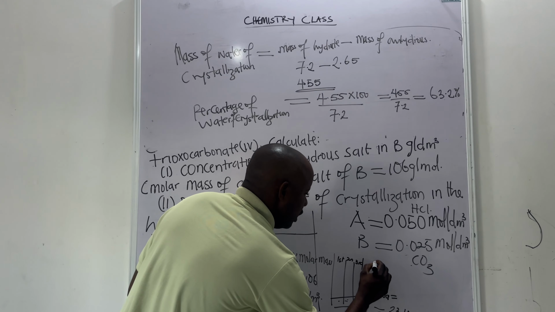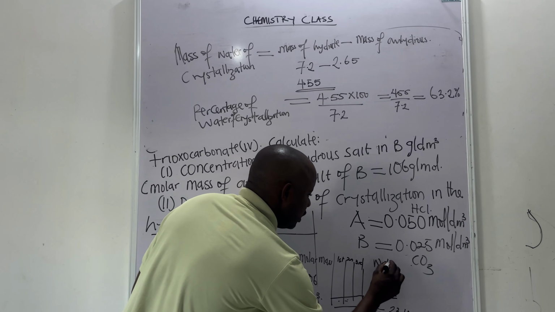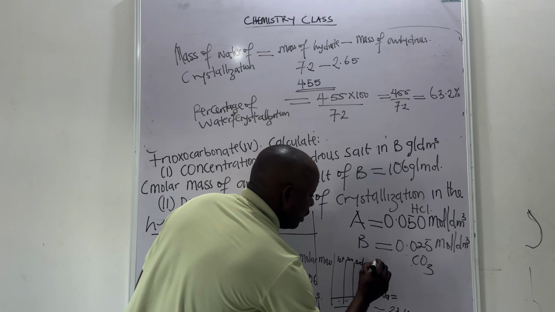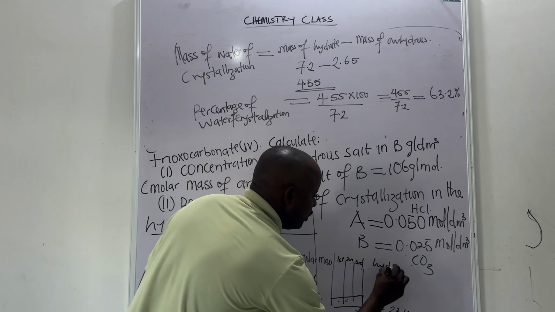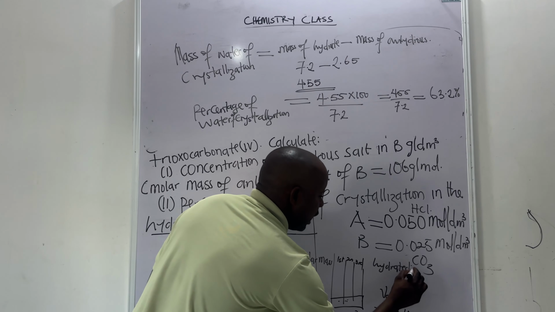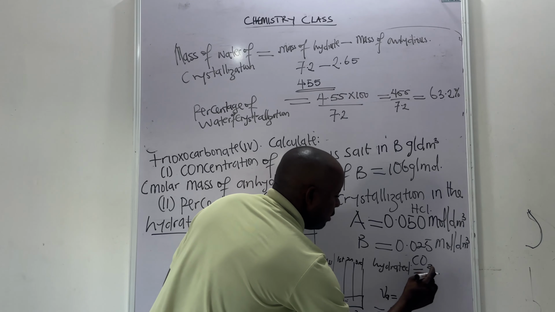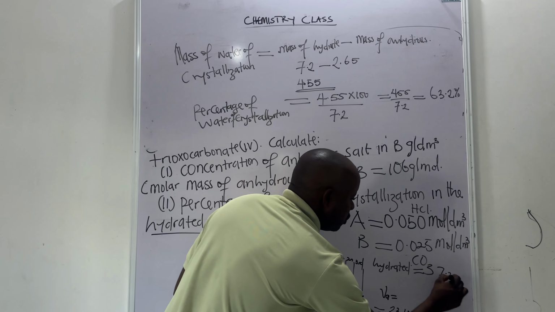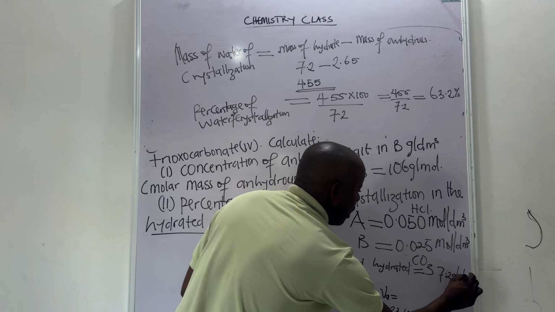So for the water of crystallization, let's get the parameters here. The hydrated mass concentration is 7.2 gram per dm cube.